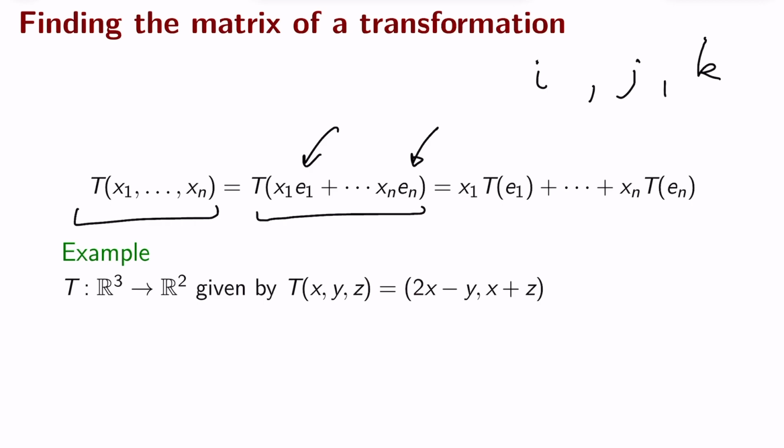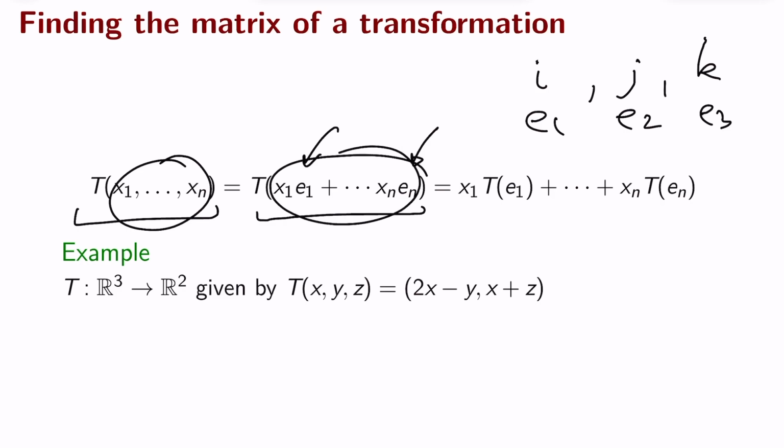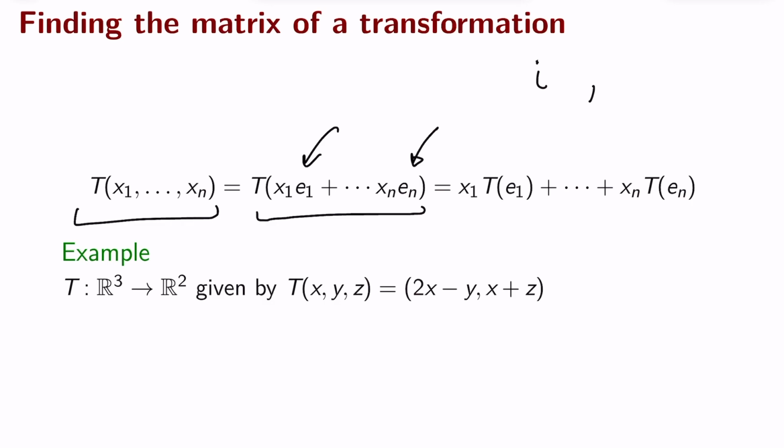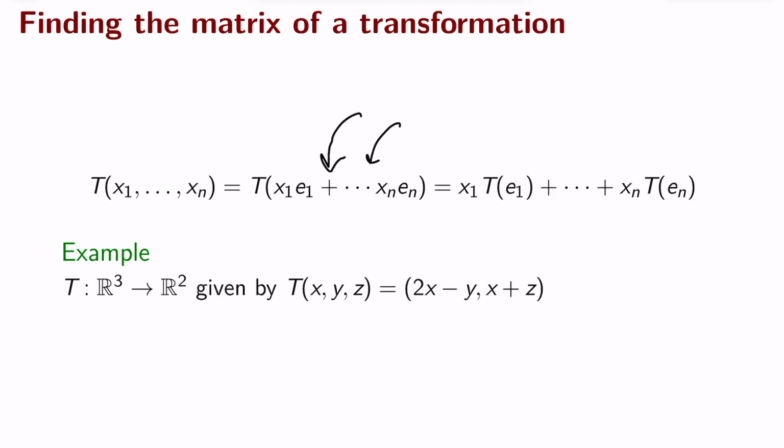In general, when it's n dimension, we can call them E1, E2, E3, E4, E5, etc. In any case, we know that any generic vector can be written as a linear combination of the standard ones. Then applying the conditions of linear transformation that we saw in the definition, all the additions are going to be separate, and all the numbers are going to be taken out of the transformation, because that is what a linear transformation is.